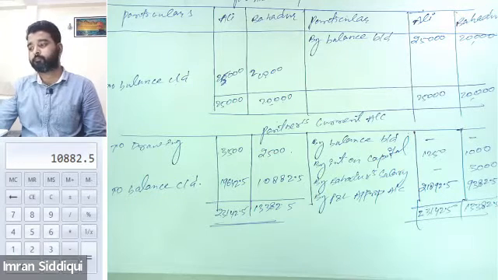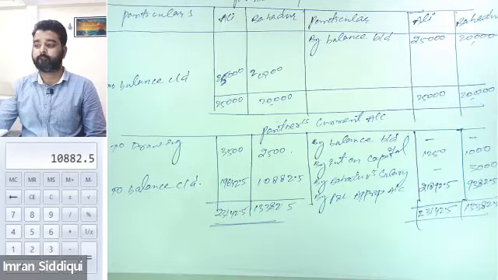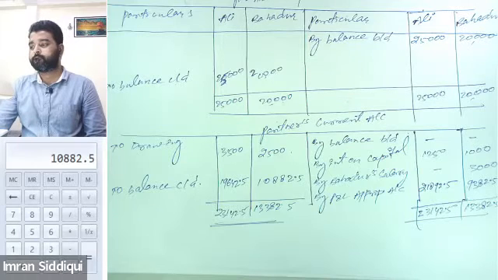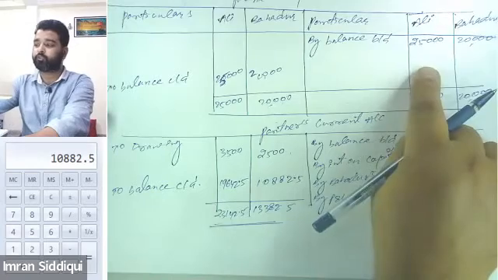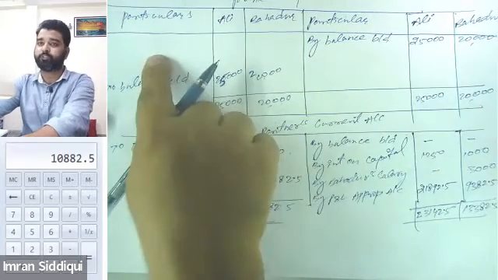Sir, in the partner's capital account, if there are items on the credit side and on the debit side there is no item, how will we treat it? Will we just add all of them? I didn't understand your question. You are saying that there are items on the credit side, but there are no items on the debit side.